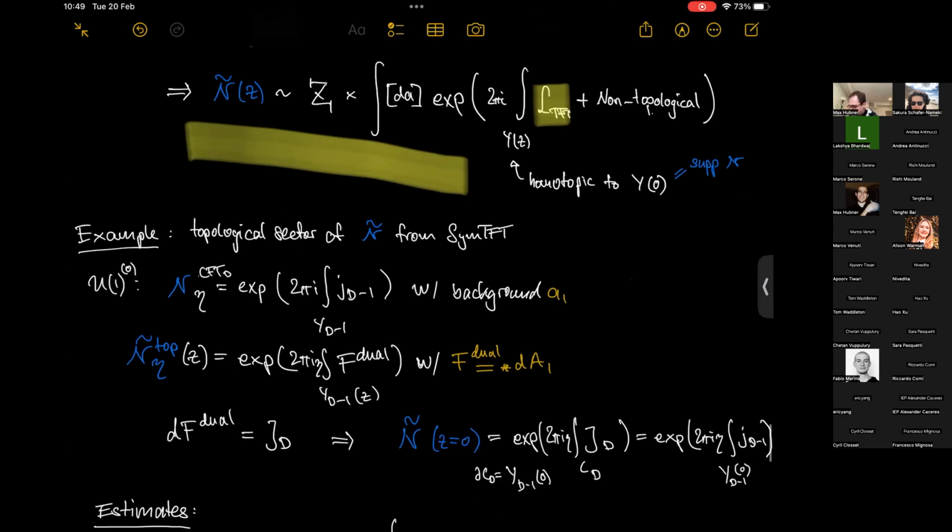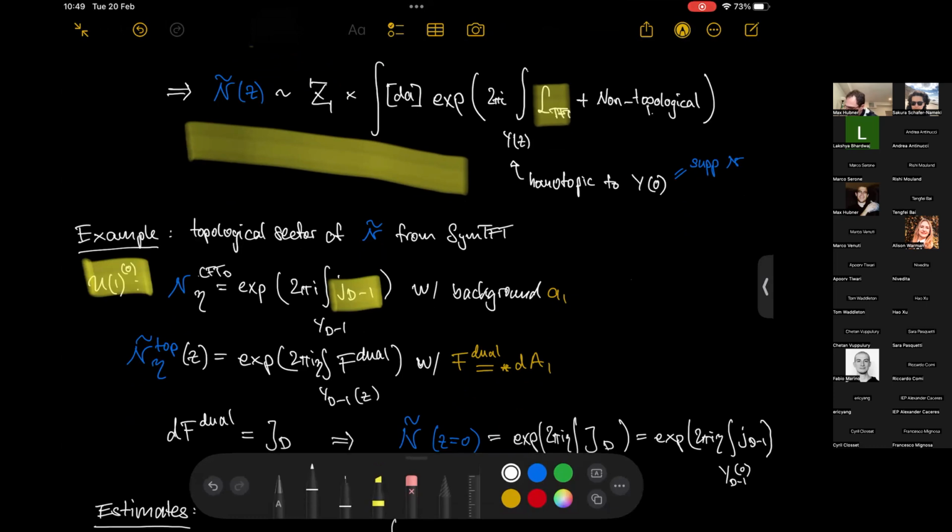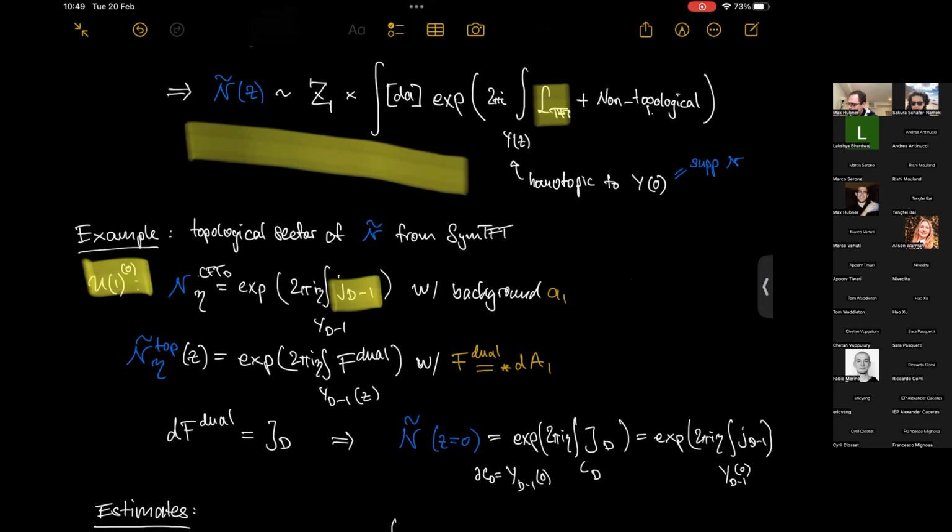And so here's a very simple example for a U(1) 0-form symmetry, which is gotten by some integral over a current. Then this U(1) 0-form symmetry is going to have some background field A1 in the CFT. That thing is going to have some gravitational dual. This is going to be the A1 field.